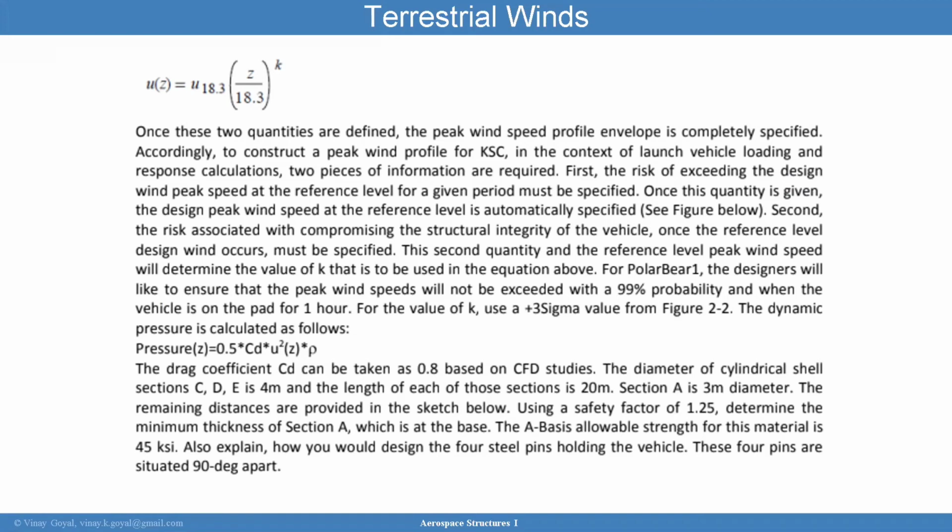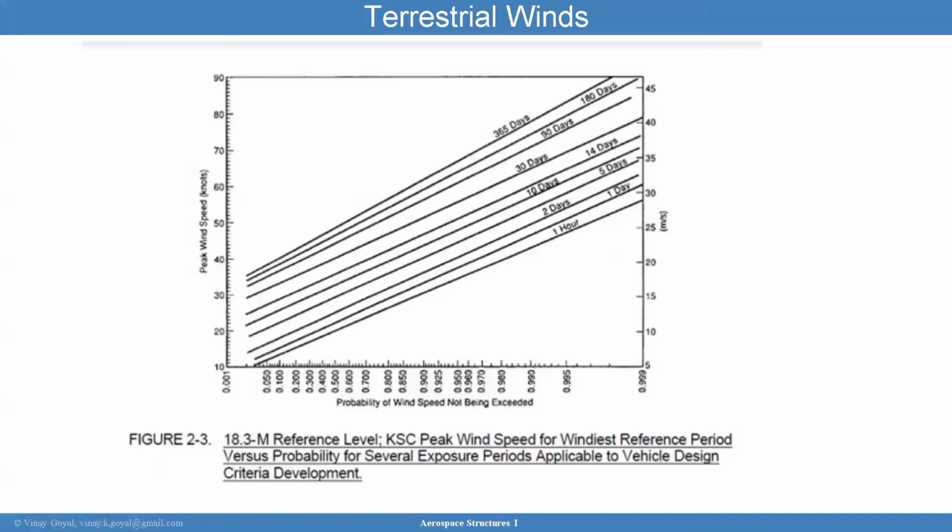Once this quantity is given, the design peak wind speed at that reference level is known, and I'll show you the figure for that. So here is the peak wind speed, and here's the probability of wind speed not being exceeded. So if it's 365 days, obviously the peak speed winds will be higher.